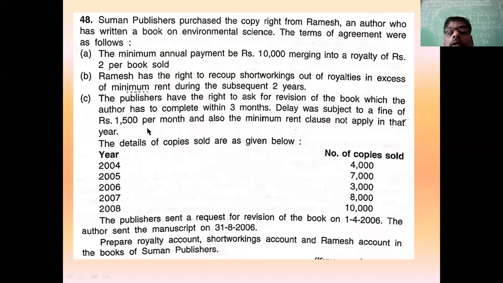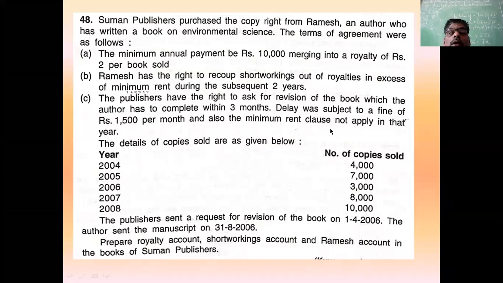And if there is a delay in resubmission of the script, then the author, the lessor, has to leave the minimum rent clause also, and in that year the minimum rent clause is not applicable. That means there is no minimum rent for that year.